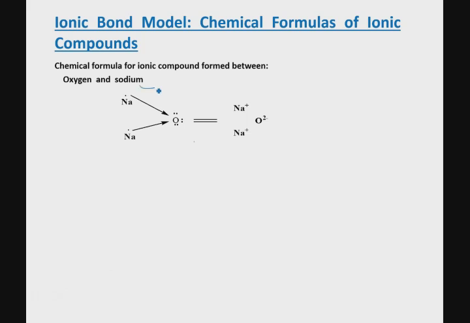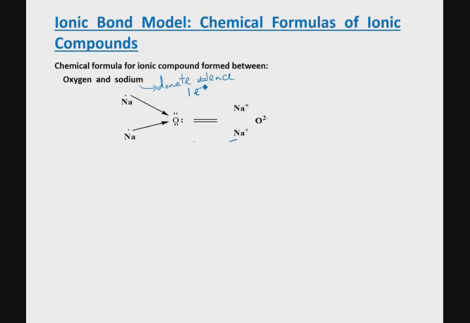How many valence electrons does it have? It's in group 1A of the periodic table. It's a main group element. Therefore, it donates one electron from its valence shell.